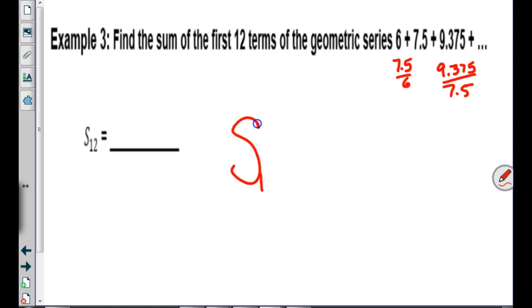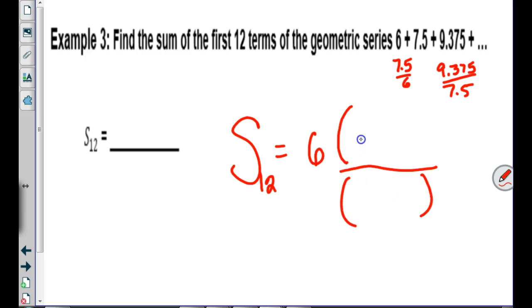Okay, so the sum of 12 terms equals, how does the formula go? Six. We're going to have a top and a bottom, right? 1 minus, okay, 1.25 or 5/4, no matter which one you use.